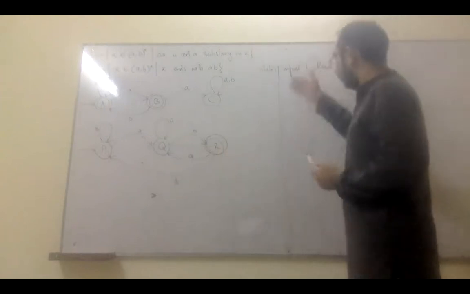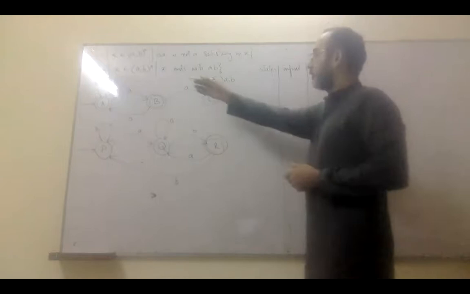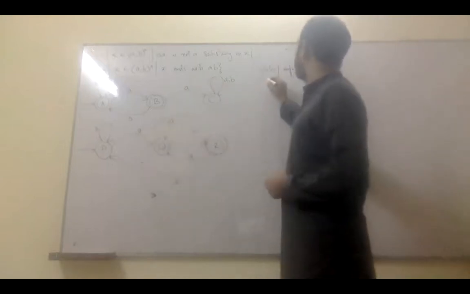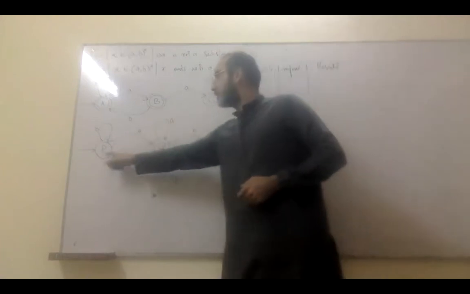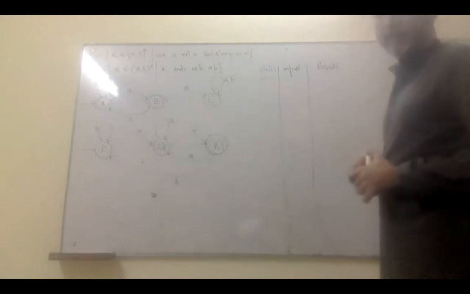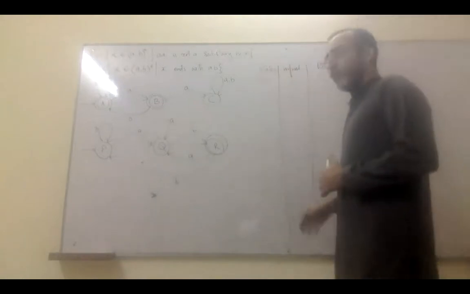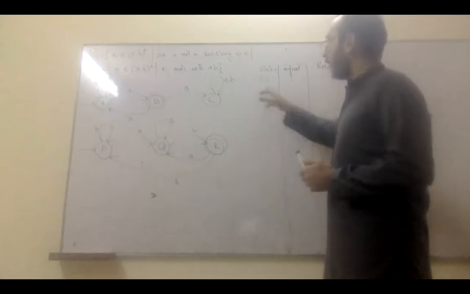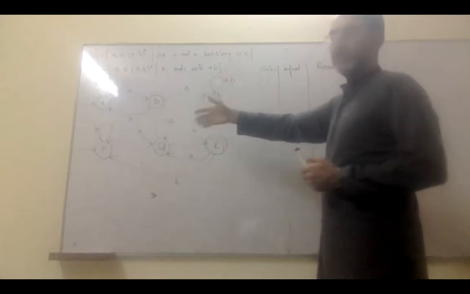Now I have to start. The initial state of the first FA is A, and the initial state of the second FA is P. So this is my first pair of initial states for the design of the transition table. At the pair AP, I have to check the input symbols a and b.